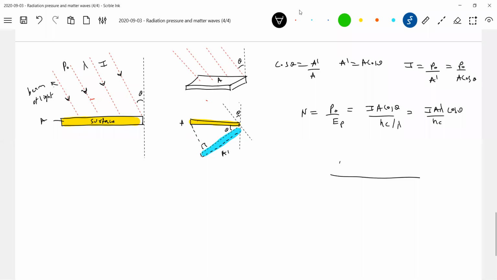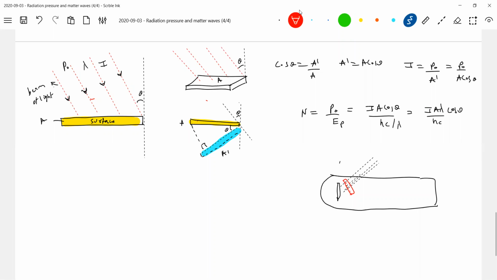In the photoelectric effect, the radiation is incident like this. If I change the orientation, what will happen to the number of photons incident on it, will it increase or decrease?